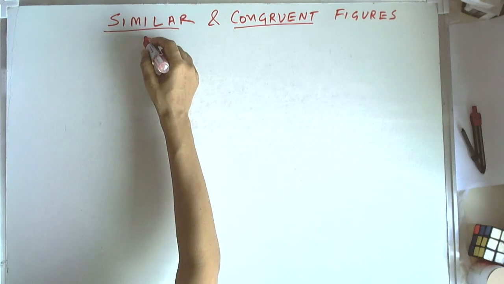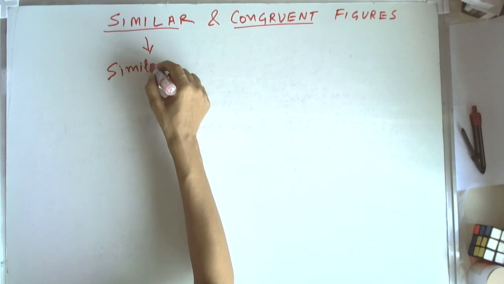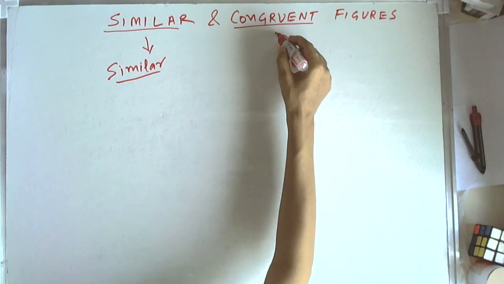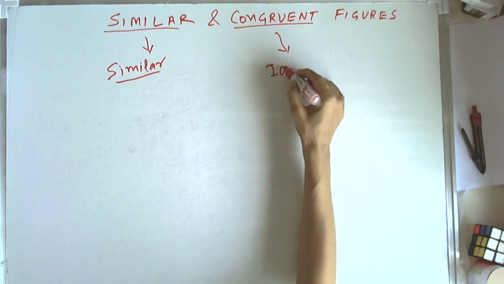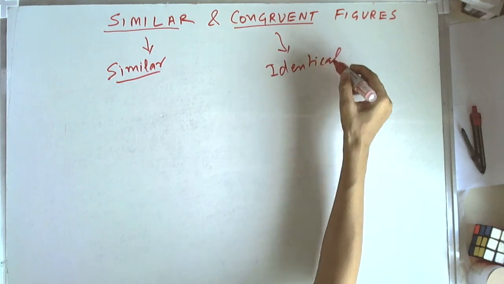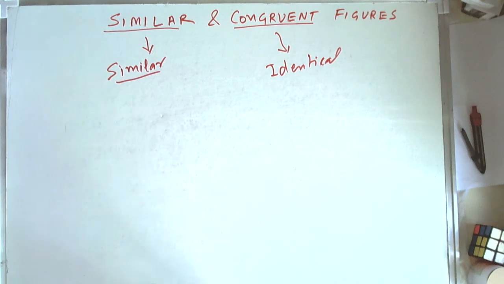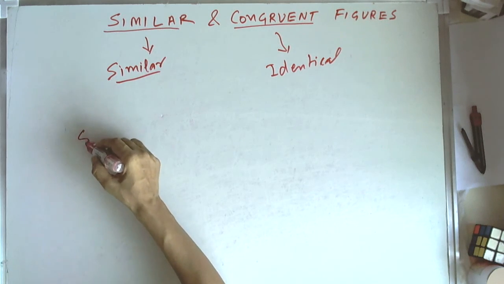So, similar is similar and congruent means identical. So typically for a figure we have two things, shape and size.